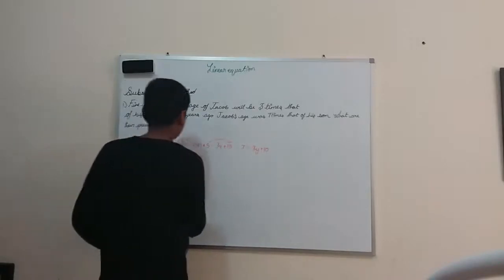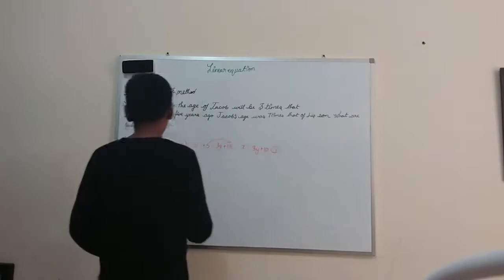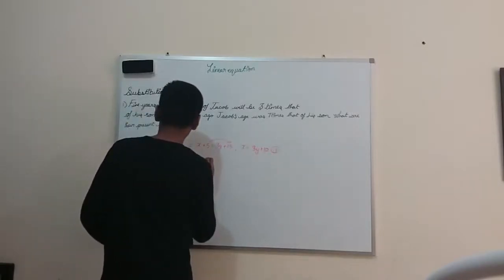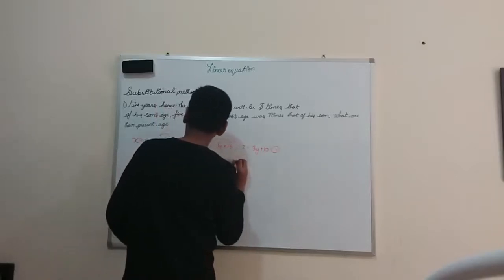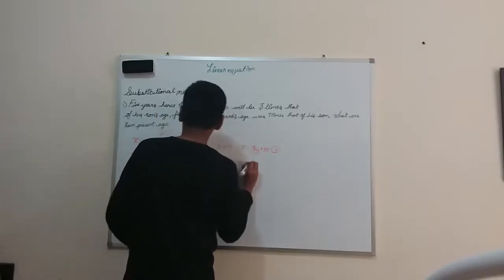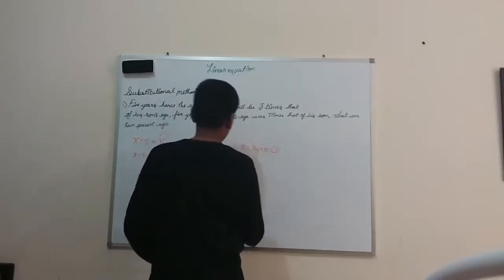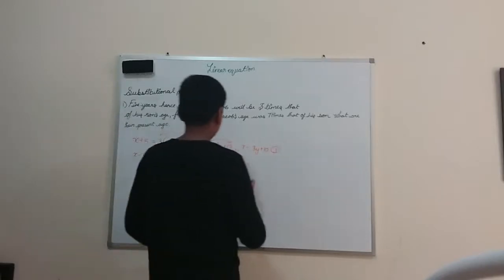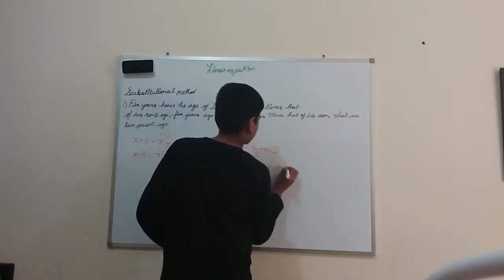Now we'll simplify this also. x minus 5 was equal to 7y minus 35, and when we transfer the 5 to that side, x will be equal to 7y minus 30. Now we got the second one also.